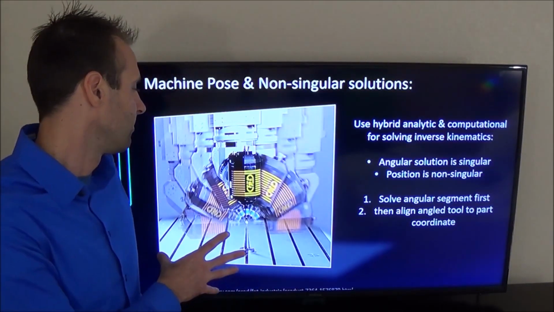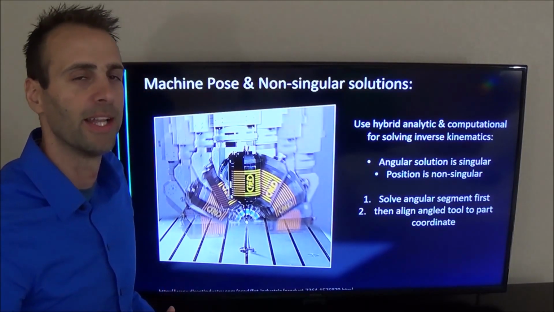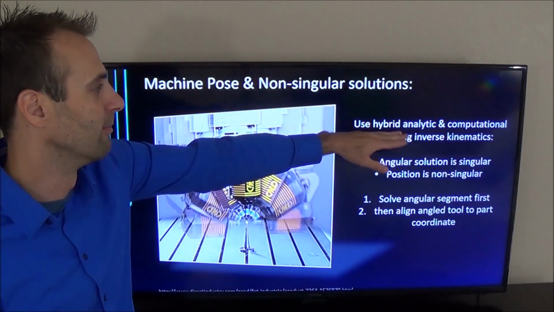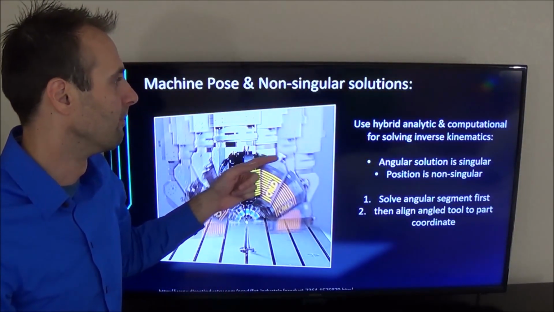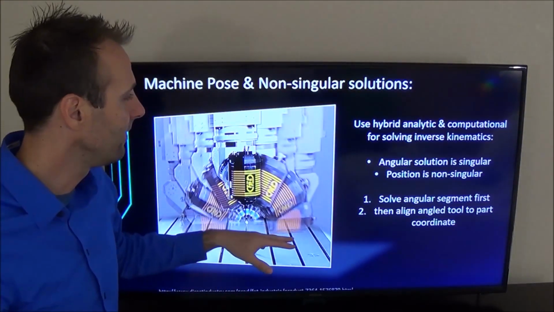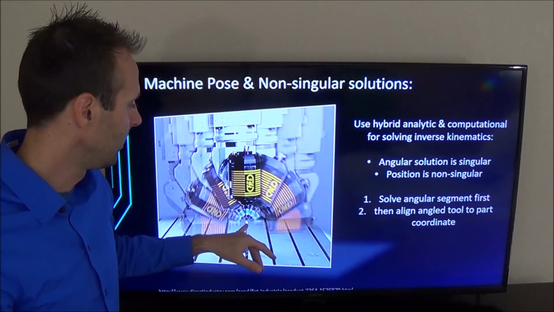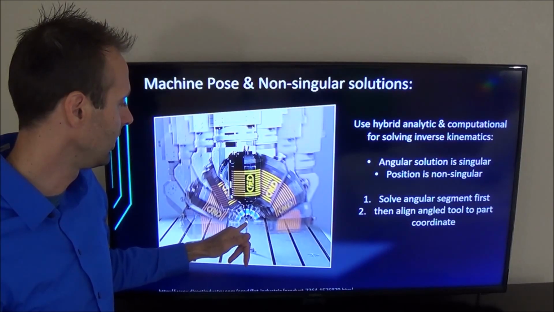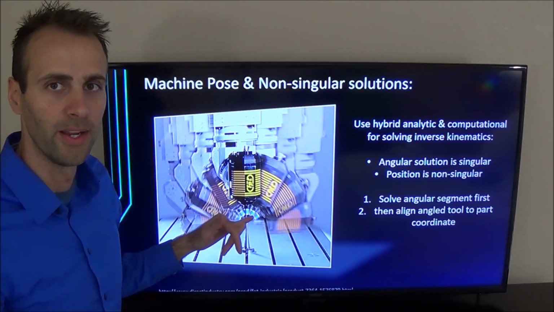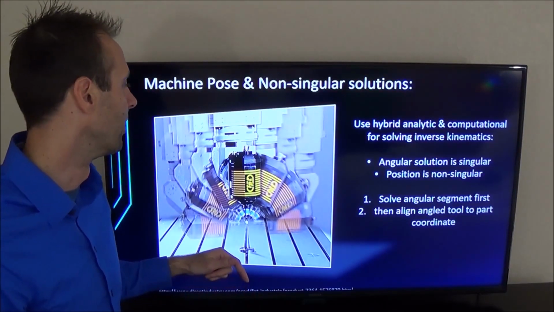So for these types of situations where it's more complicated like that, what I do is break it into components, and we'll go into an arm in a second. But for example, for this 5-axis machine, every single one of these solutions gets my tool to the part where I want it, but the rotation's wrong.